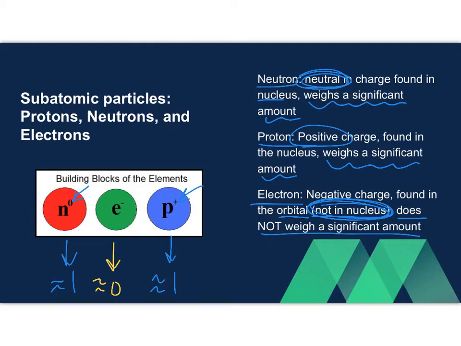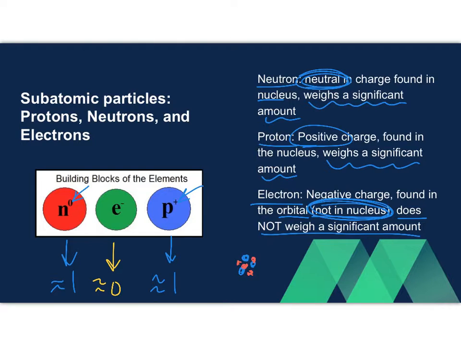So when we look at an atom, let's say an atom of lithium. Lithium has 3 protons. It has 1, 2, 3, 4 neutrons.